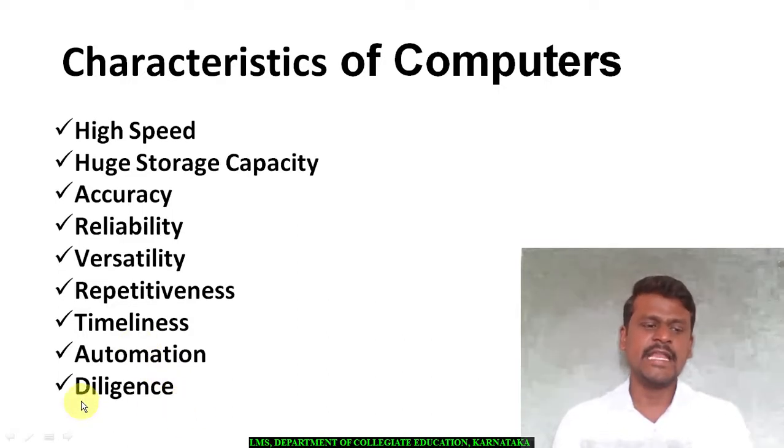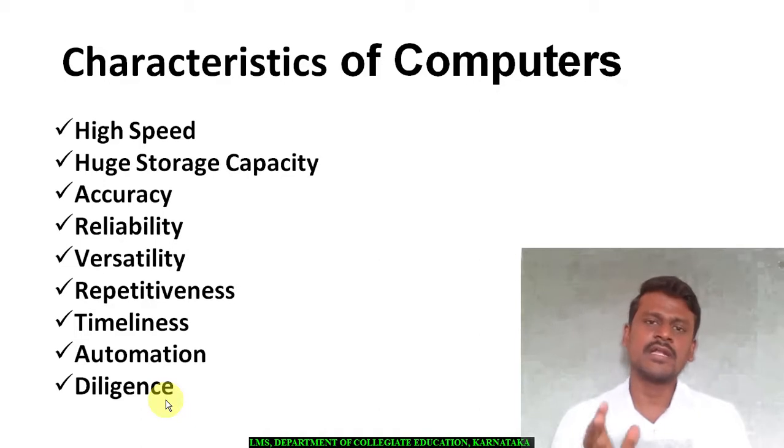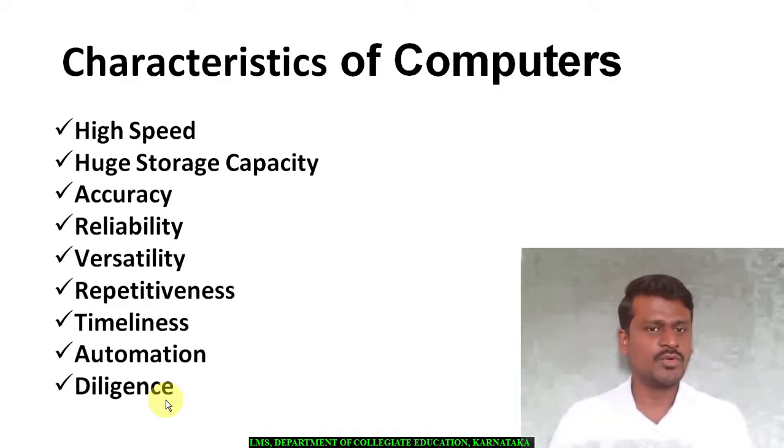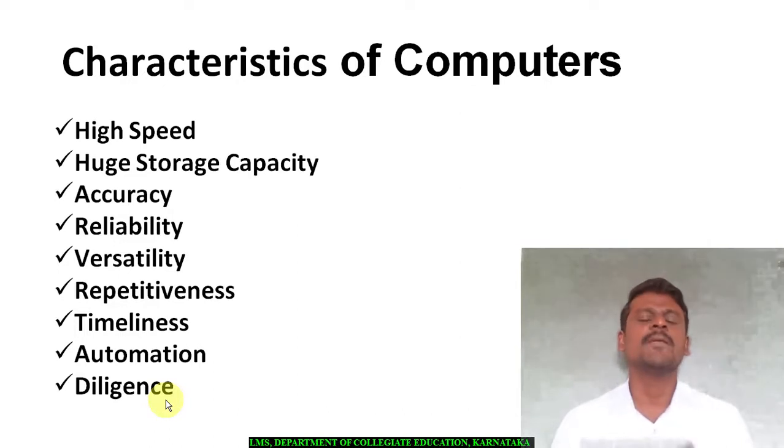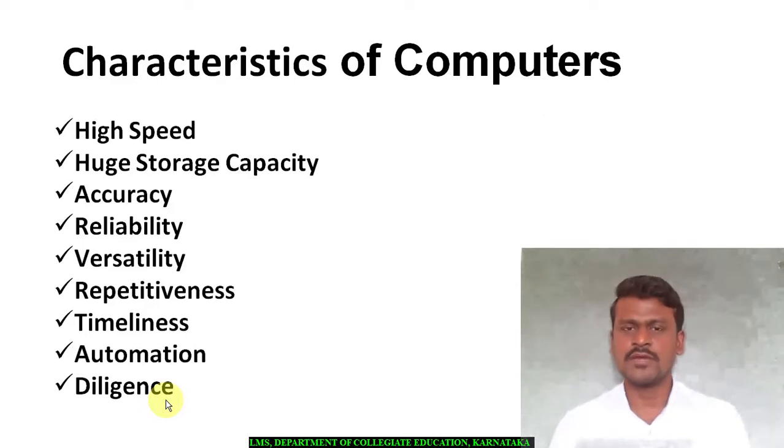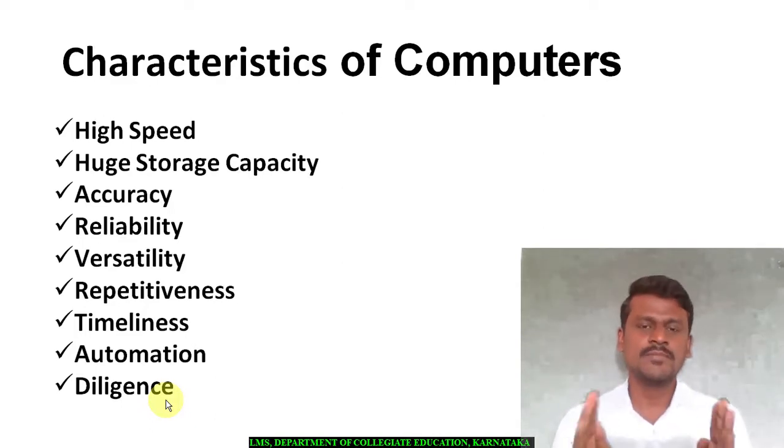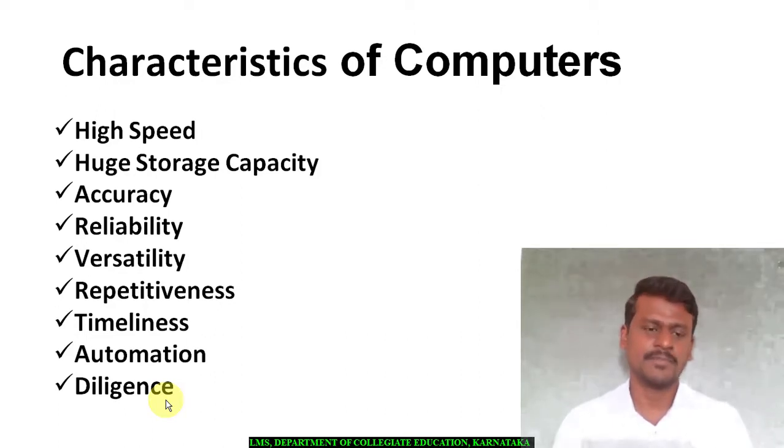And the last one is diligence. Diligence means the computer will not feel tired unless you fail to give it the correct power connection and cooling methodology, right? If you want to make the computer run 24/7, you should give it a power connection, and if some circuit gets heated, you should provide some AC or cooling methods to make the computer run forever, right?